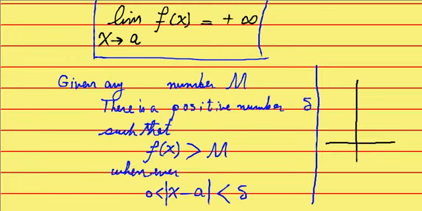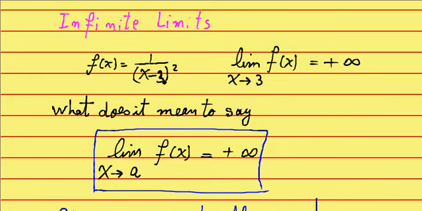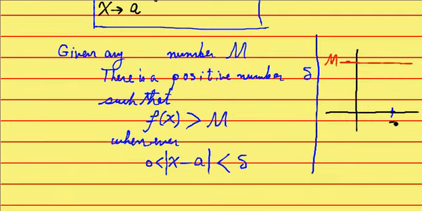In a picture, that ceiling is played by this m. Wherever you like to put a ceiling, whatever this m is, as you come close to that promised number, the central number in your limit, which in this case was 3, the function is going to break through that ceiling.